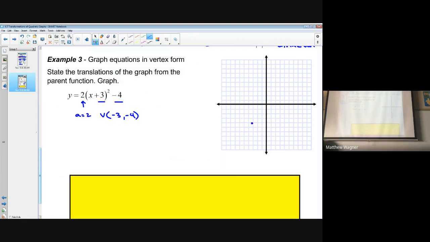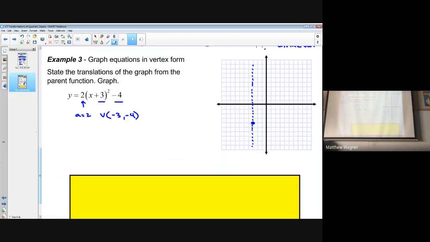We have -3, -4 as the vertex, and our axis of symmetry obviously goes right through the vertex. The easiest thing to do is probably just plug in a 0 to figure out that y-intercept. So we have 3 squared is 9, 9 times 2 is 18, 18 minus 4 is 14. Notice the y-intercept is going to be way off the graph there.